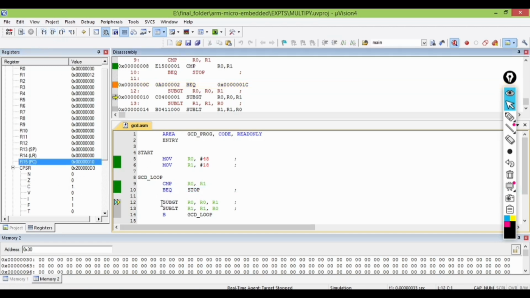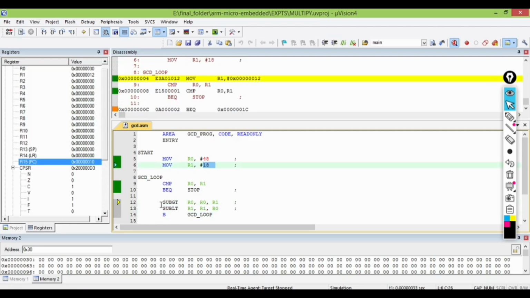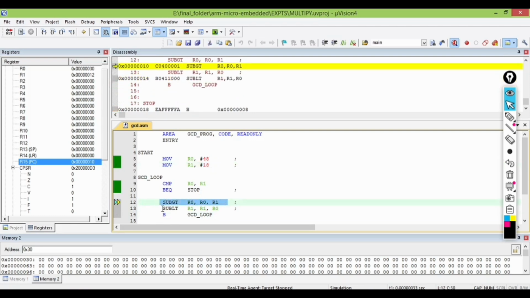So now either of the subtractions should be carried out, but from what we can clearly see, 48 is greater than 18, so this particular subtraction happens and this one is ignored. Let's see that happening.